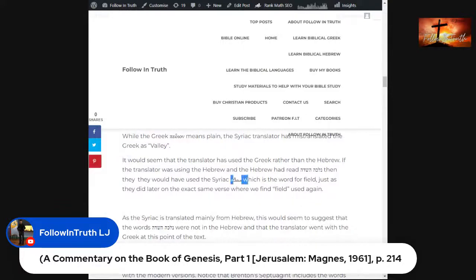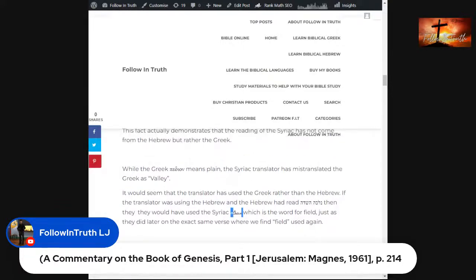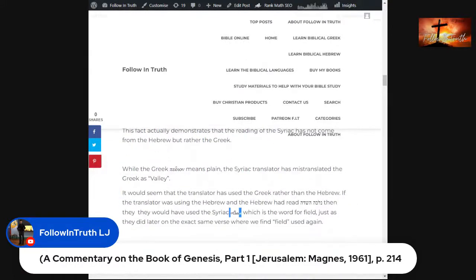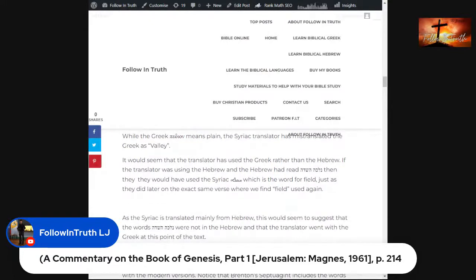So they used that Syriac word, but they didn't use that one on the previous occasion. So it doesn't look like it has come from the Hebrew. It has come from the Greek.